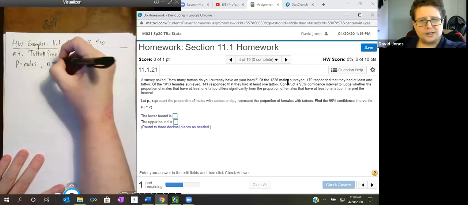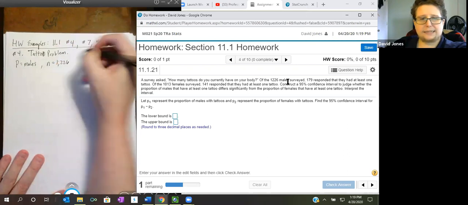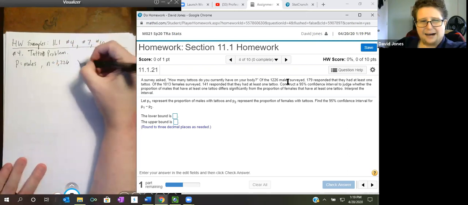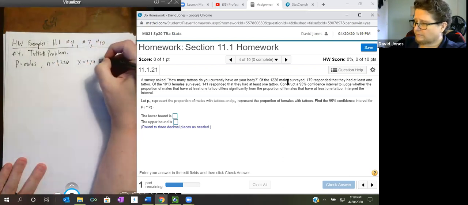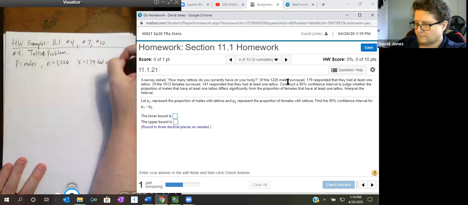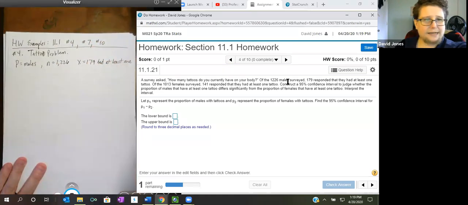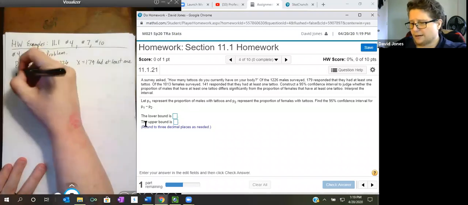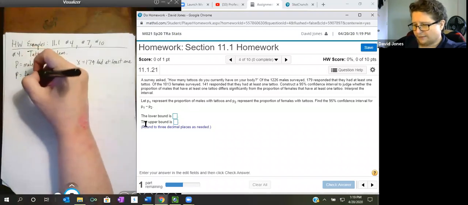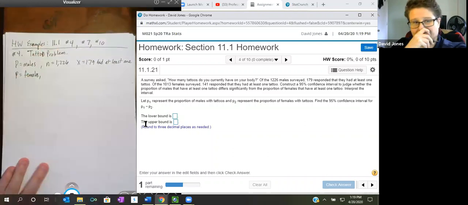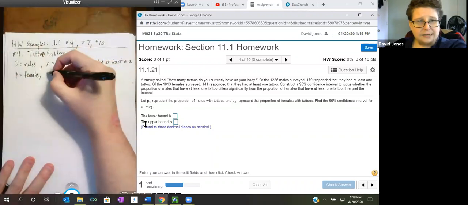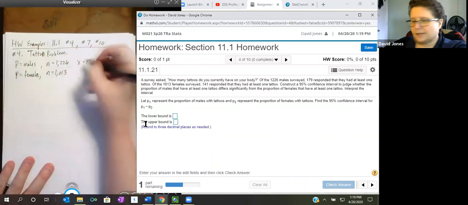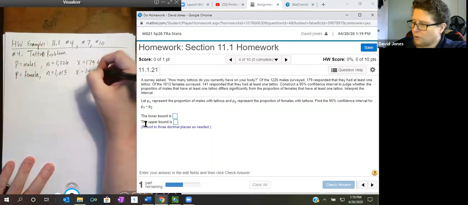For that population, N is 1,226. 179 said they had at least one. So I'm taking notes. Then they asked females, so that'll be my other population. I haven't labeled them 1 or 2 yet because I don't know which way I want it to go yet. They say 1,013 females were asked and 141 had at least one.